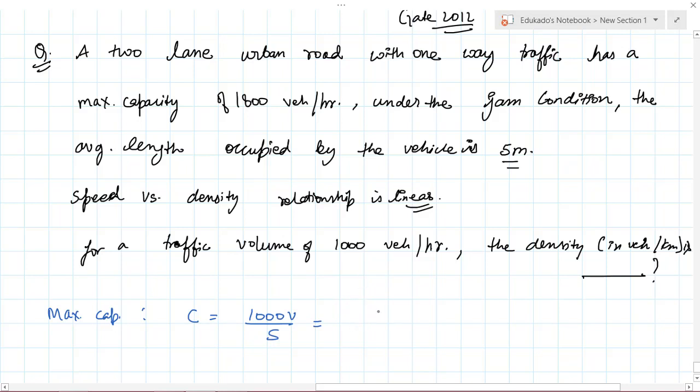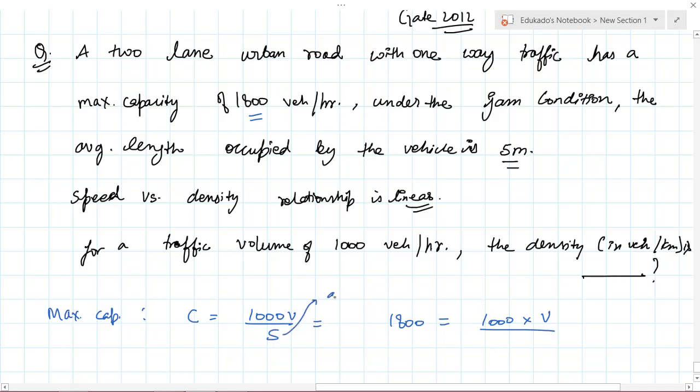So the maximum capacity is given as 1800 equals 1000 times V, the average velocity of the vehicle, which we don't know, divided by S, the average length of a vehicle.